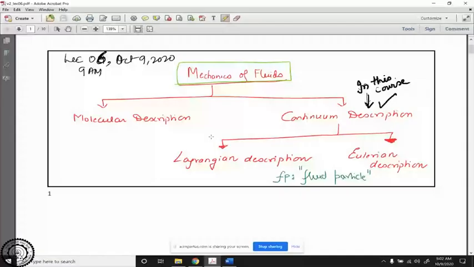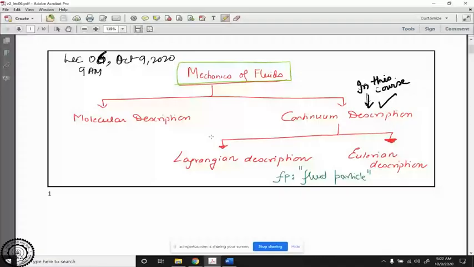But for most engineering applications in which we have airflow close to the surface of the earth, it is still valid. Certainly for civil engineers, definitely no problem. Flow of air past a building, you can easily use continuum description. Don't have to think twice about it.